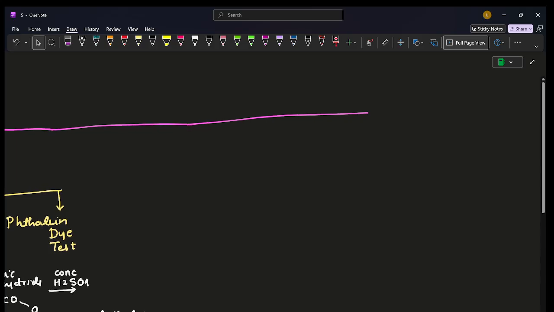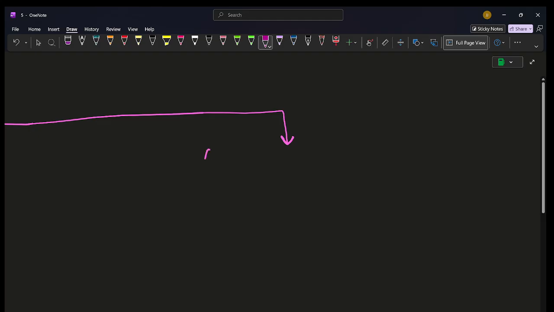Next, let's move on to the next important test that we have, which is for aldehydic and ketonic groups. There's a huge list for aldehydic and ketonic. So we have 2,4-DNP, and we have Fehling's test, we have Schiff's test, we have Tollens test.